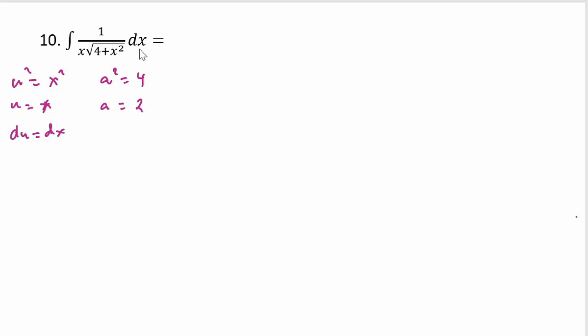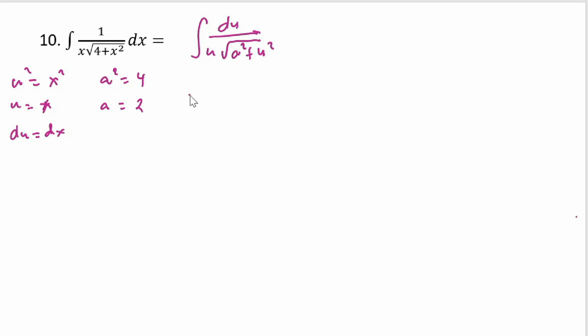So dx is visible in our given, and we can rewrite the given in terms of u and du. We have 1 times dx, just dx, and dx becomes du over x, which means u, times the square root of 4, which means a squared, plus x squared, which means u squared.